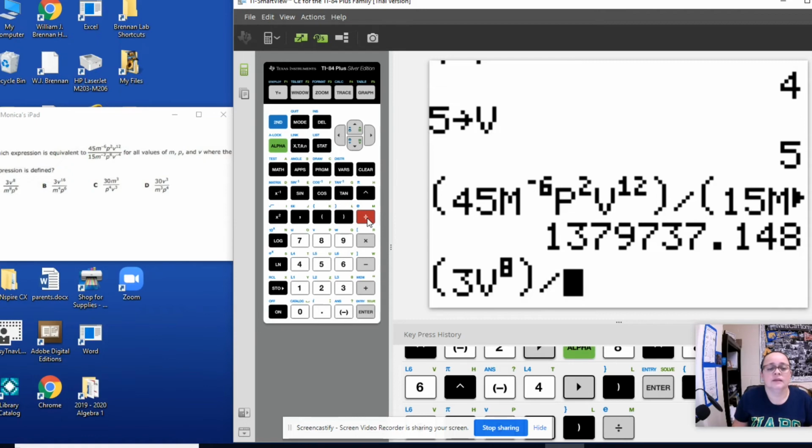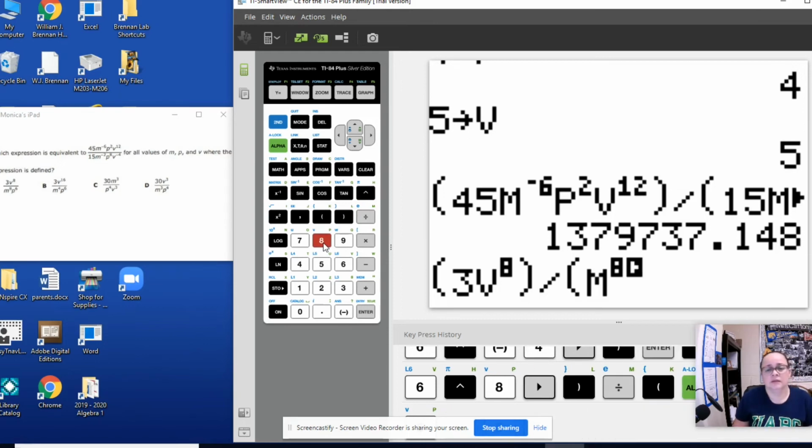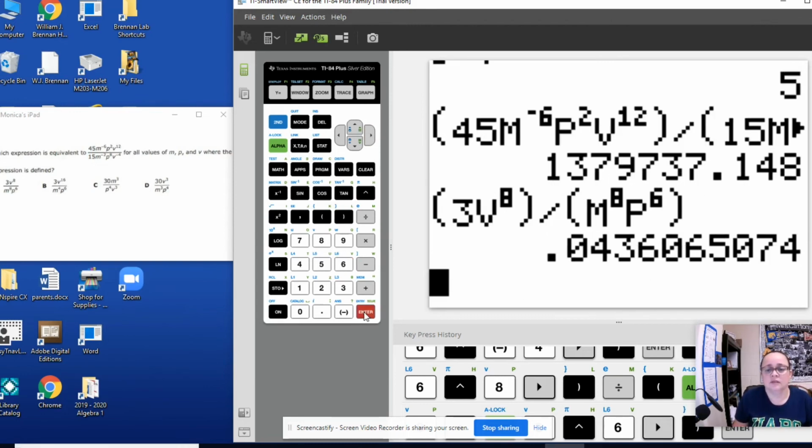Divided by m, so open parentheses, m to the 8th. Very good. Get out of the parentheses. Alpha p to the 6th power. Get out of there. Close your parentheses. Enter. So you see how we got a very different number? We're looking for this number. So I already know that A is not my answer.